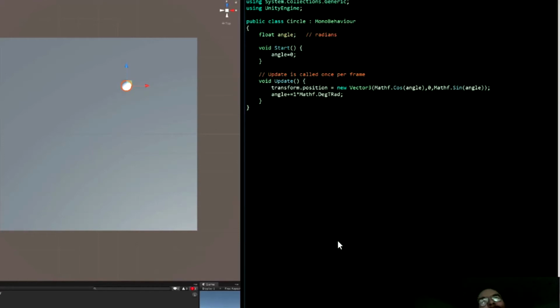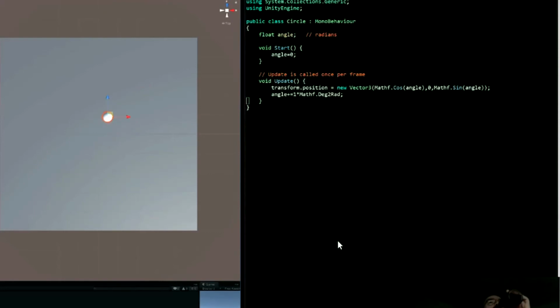So I do it back, and I get an error. Does not contain degrees to radians. I've forgotten what stamp. I don't want to look it up. 2 rad? Yeah, it's 2 rad. Yeah, that was it. Sorry. Degrees 2 rad. It's too radical. And now we hit play, and we'll see what happens.